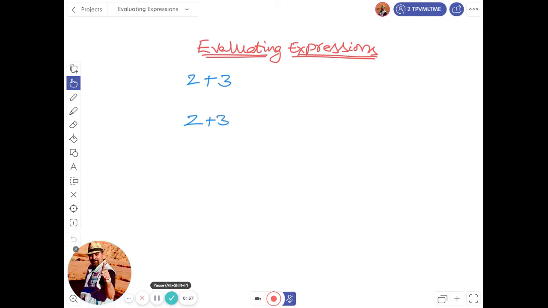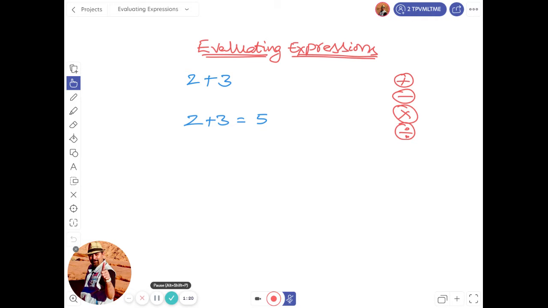What is the answer? It's a very simple question: it is equal to 5. So when you are taking any operations, there are four operations: adding, subtracting, multiplying, and dividing. So there are four fundamental operations.